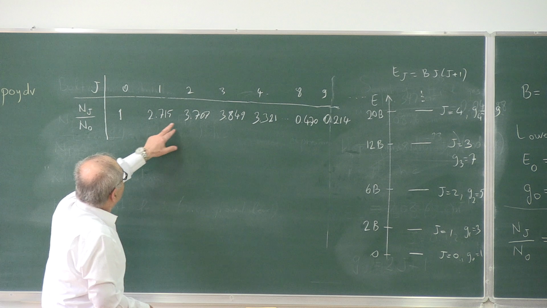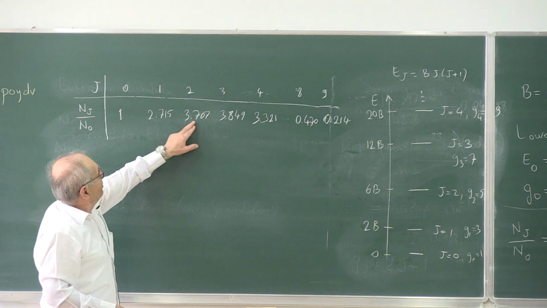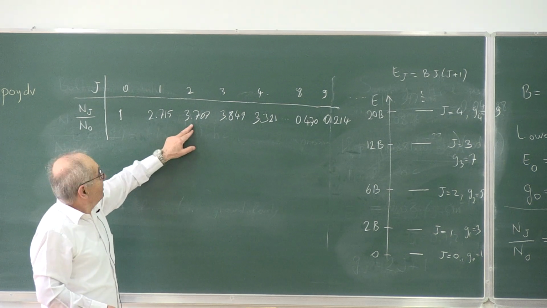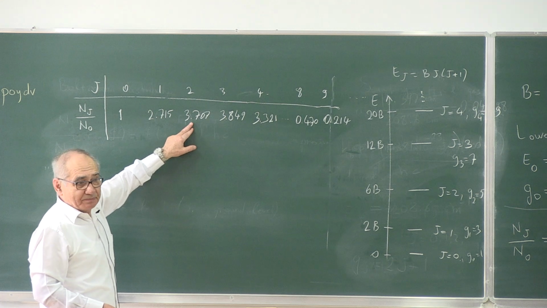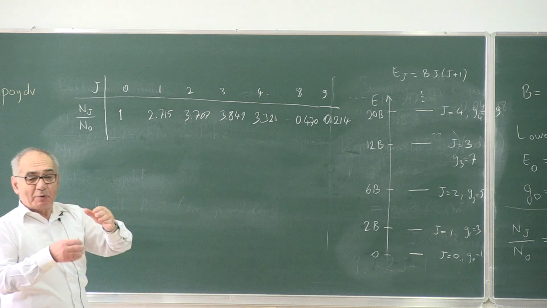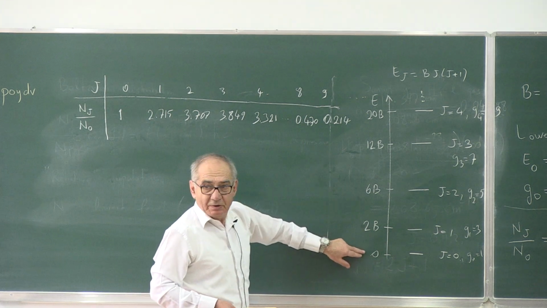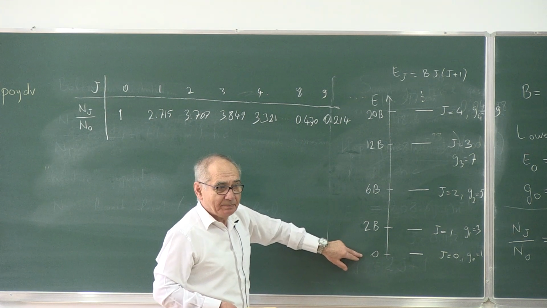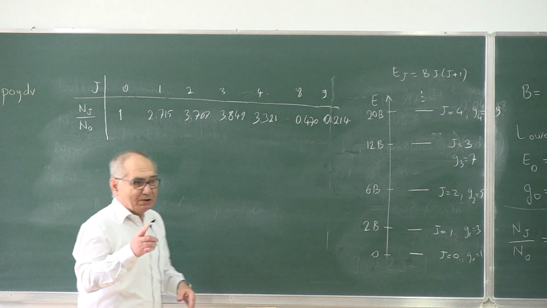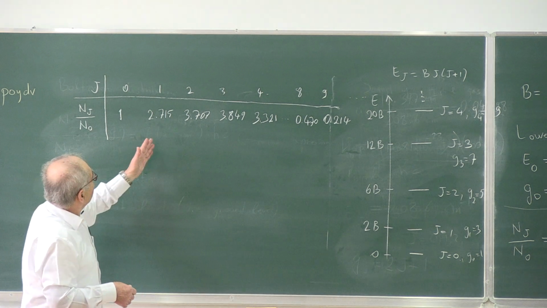Okay. Now, this value, which is larger than that one, what is it? 3.7. This is the relative population of the second level relative to the same lowest level. So, what can you say so far?